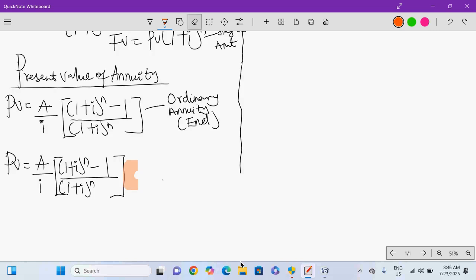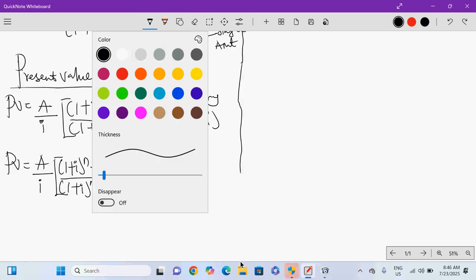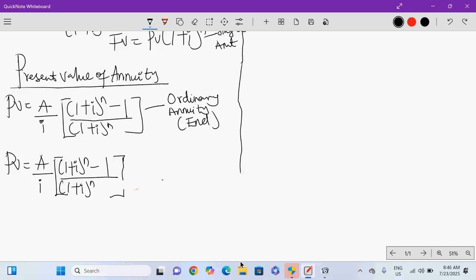Into bracket 1 plus I. 1 plus what? I. 1 plus I.